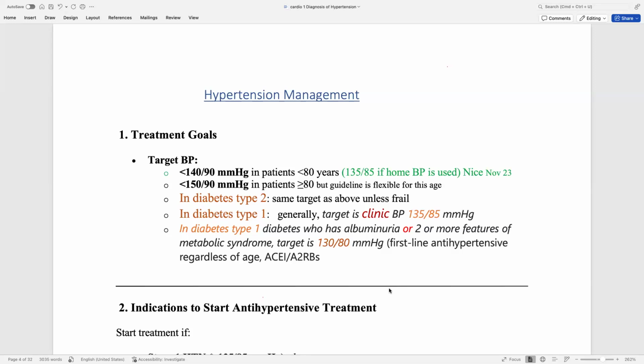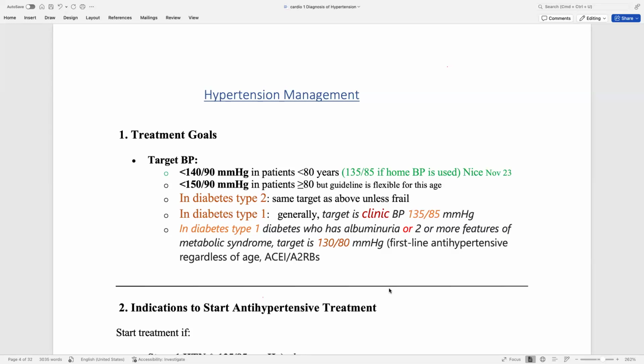So we will reduce the target of the blood pressure, and we will reduce it more if the patient has type 1 and albuminuria, or type 1 plus metabolic syndrome features. So the target should be below 130/80.